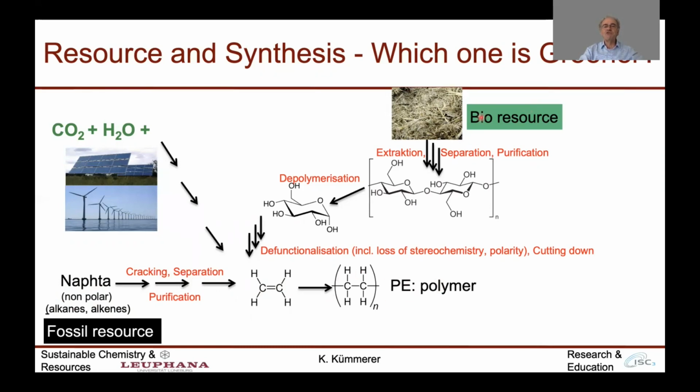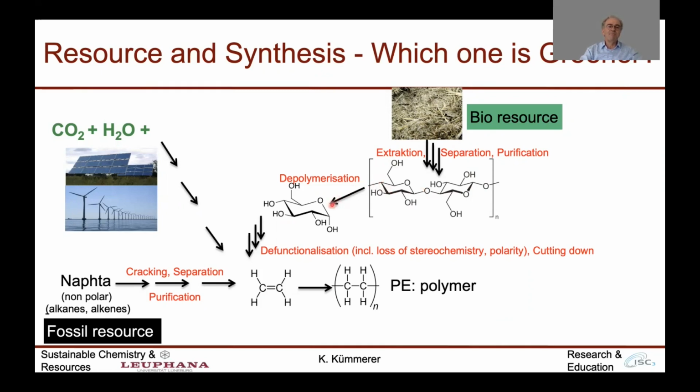Nowadays, we would say we should use the bioresource, so the renewable resource, but a closer look again shows us there are many more steps involved: extraction, separation, purification. And then again, we need chemistry after we have got rid, for example, of the lignin and hemicellulose, if it's from wood and wood waste.